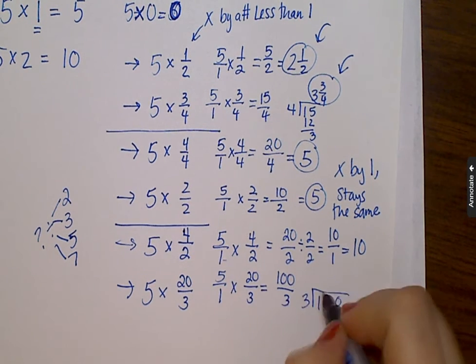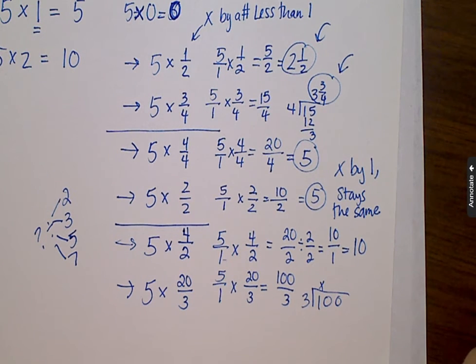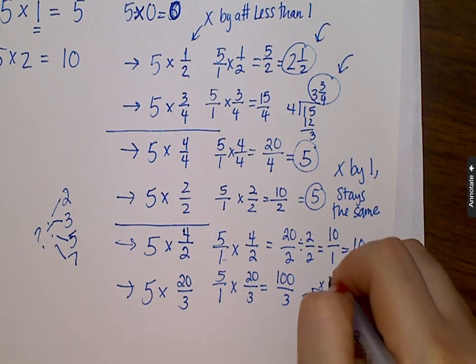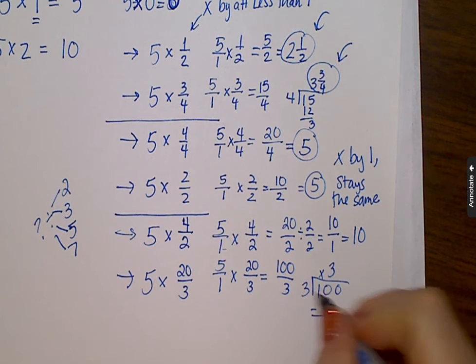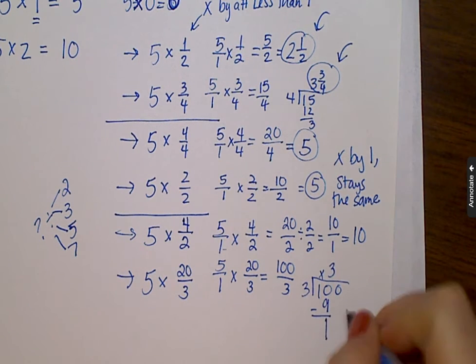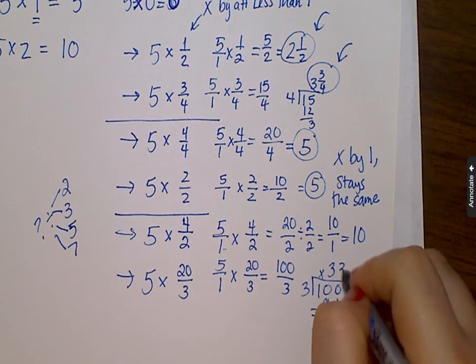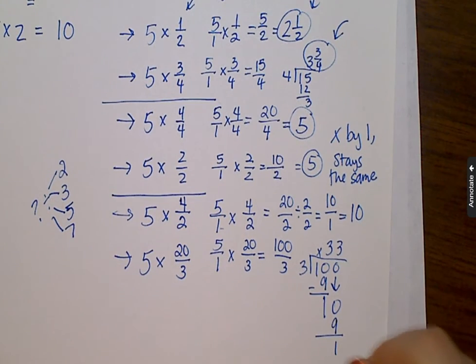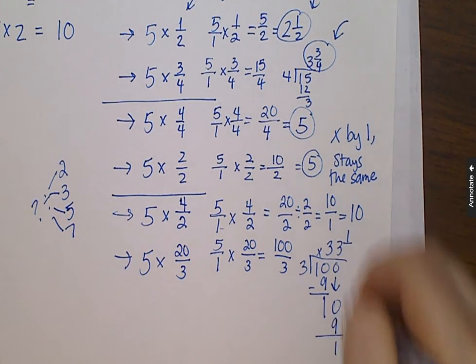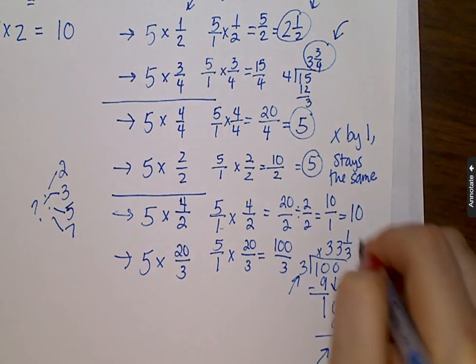We put the dividend inside, divisor outside. 3 does not go into 1, so I put a small x. I don't like a leading 0, so I put a little x. 3 goes into 10 three times, that gives me 9, because the steps are to divide, multiply, then subtract. Bring it on down, and 3 goes into 10 three times again. And then, because we're doing fractions, we're going to keep it as a fraction. This becomes my numerator, and this stays my denominator.